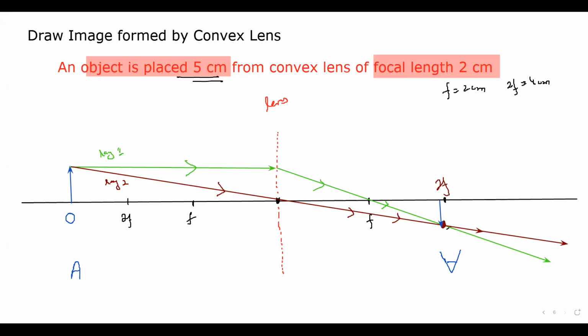At the last you can complete this lens, you don't have to do it from the beginning. So this is a lens, a parallel light ray passes through the focus, one through the center will pass straight, and the two light rays will intersect, and that is the position where the image will form. This is how the image is formed by a convex lens when the object is after or beyond 2f.